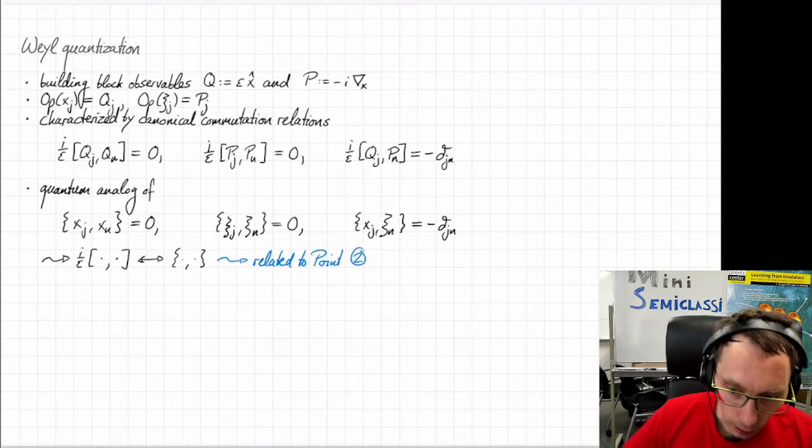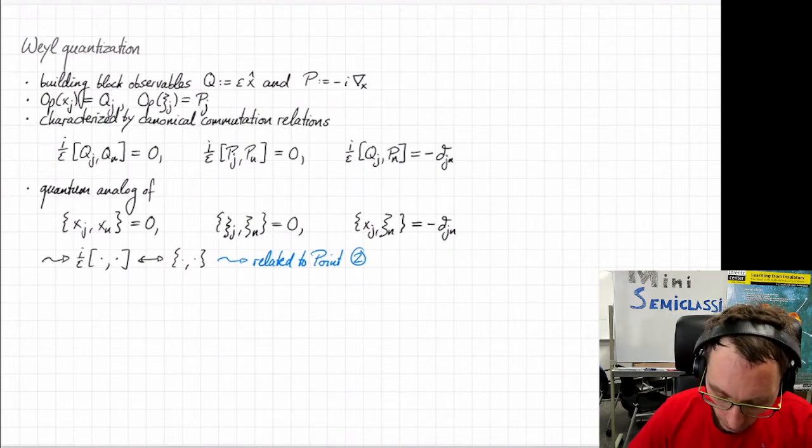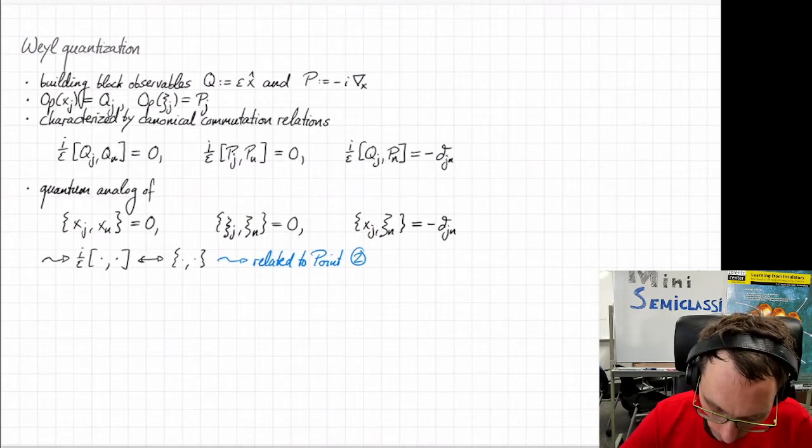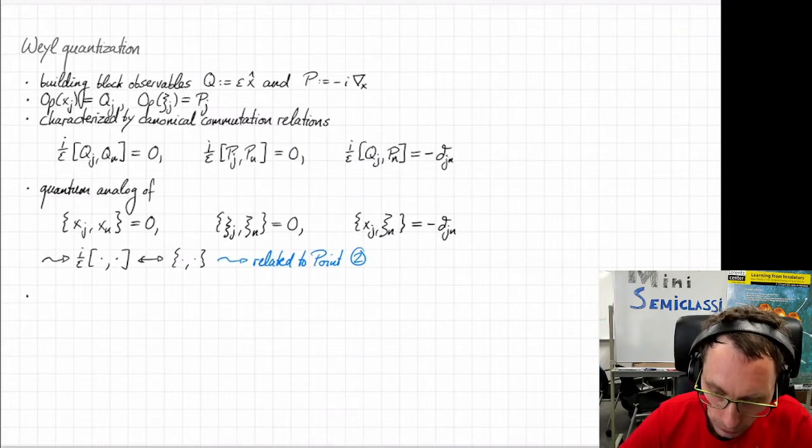And then there are cases where the quantization is, at least from the point of view of physics, a completely solved problem.